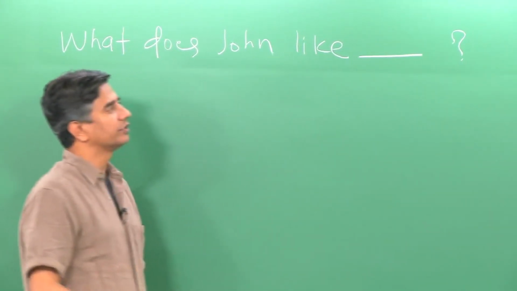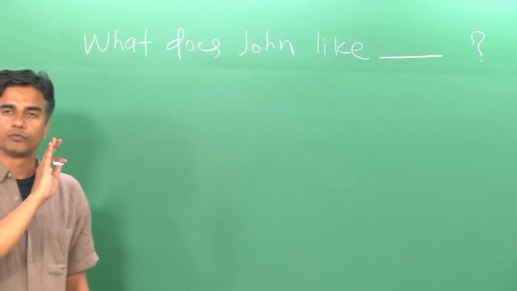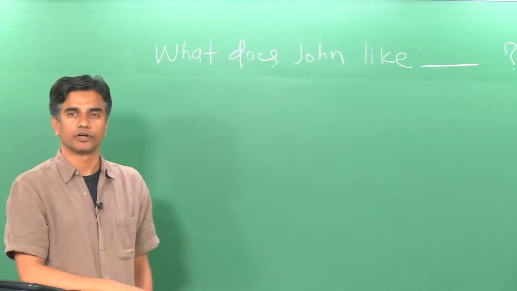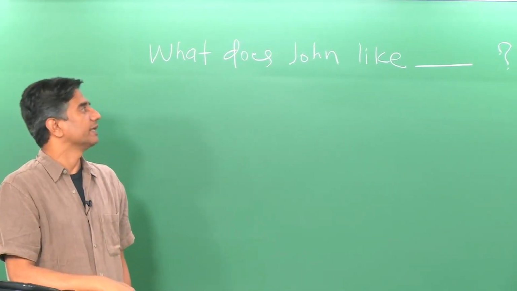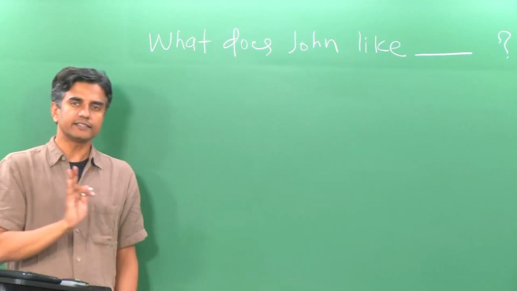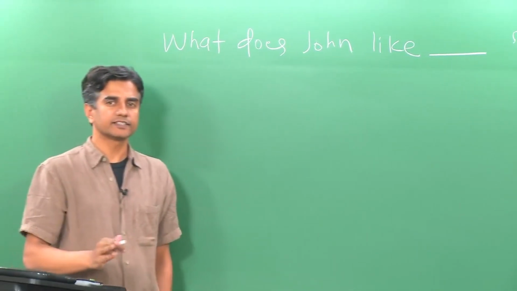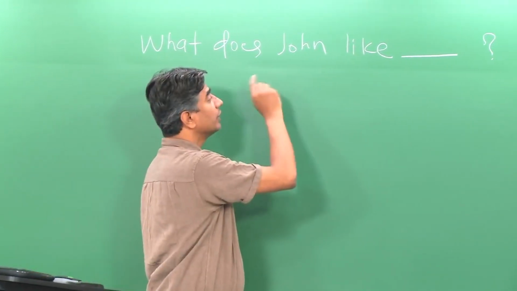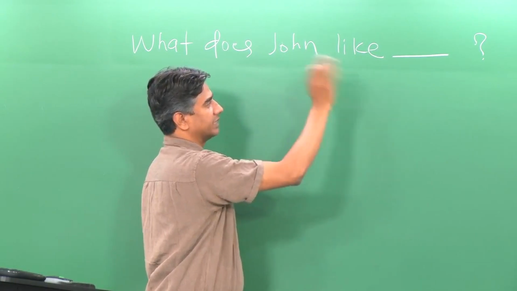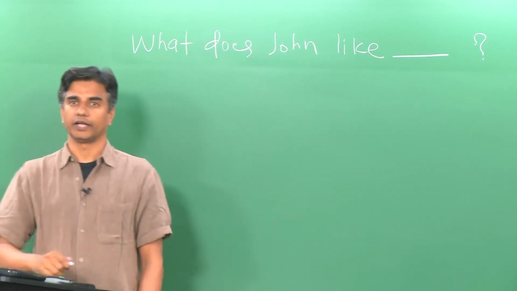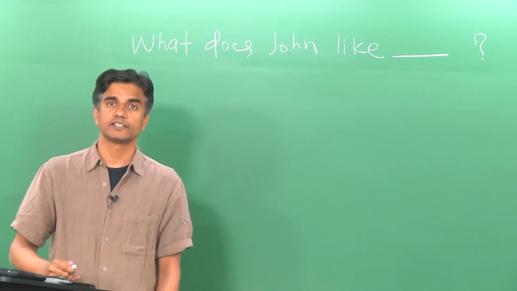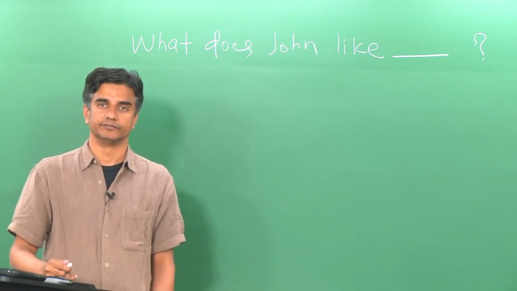We are leaving the part of the adjunct for the purpose of simplicity for us to understand displacement. We have an affirmative sentence, John likes pizza. All right?